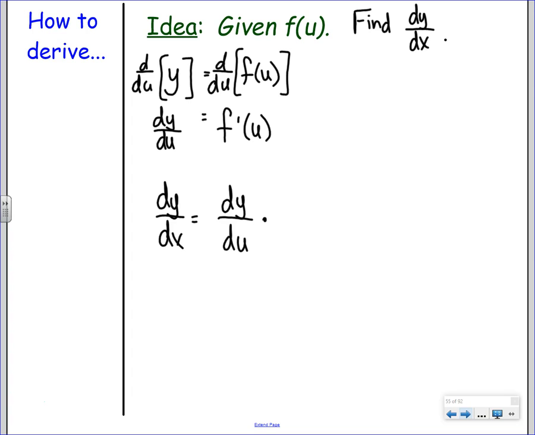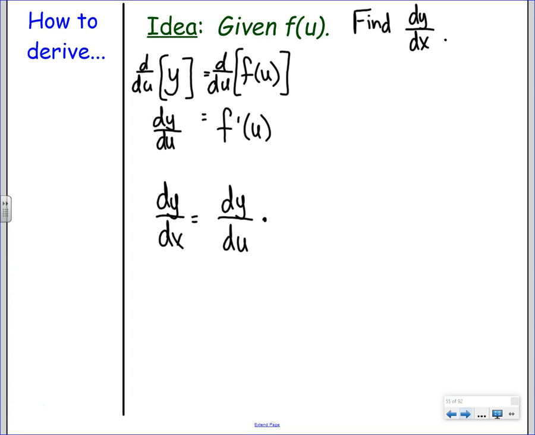If I wanted dy dx, I can find dy du by just taking the derivative of f. That's fine. Look at the outer function, take its derivative. That's fine. That's it. However, that would not be sufficient for actually solving my answer.